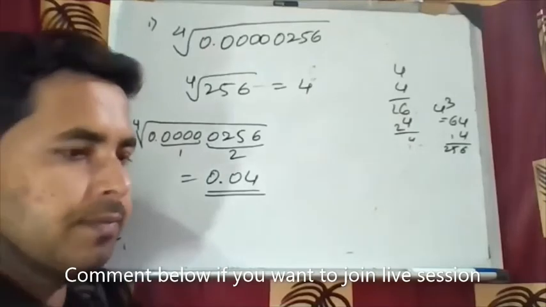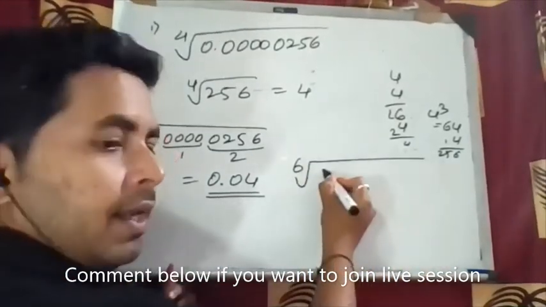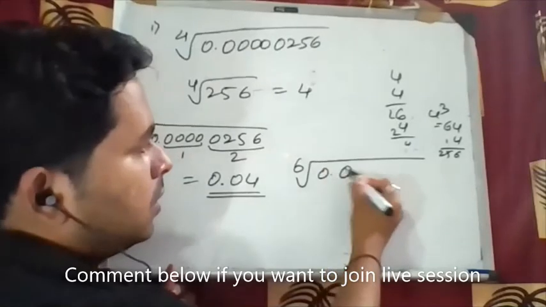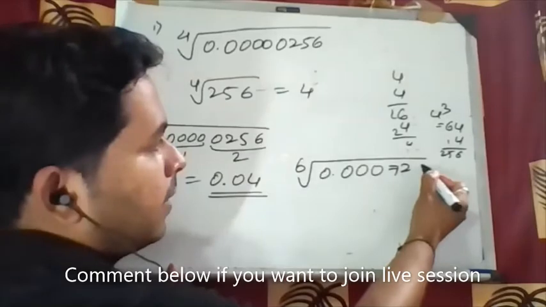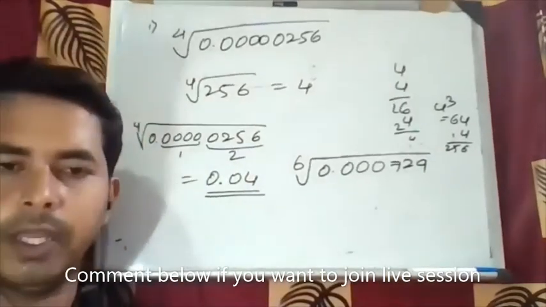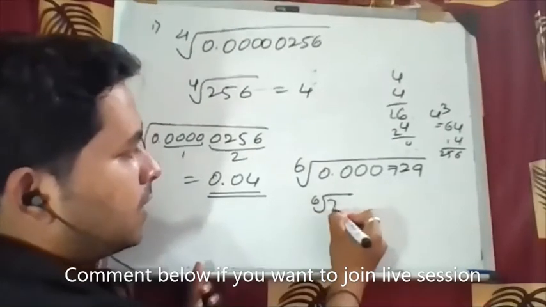And if they ask the sixth root, like 0.000729, what we have to do is find the sixth root of 729.